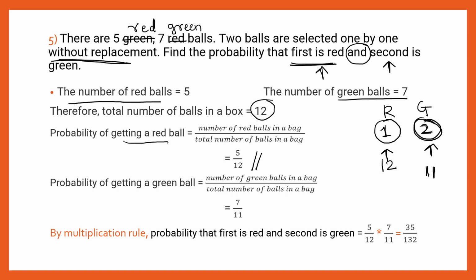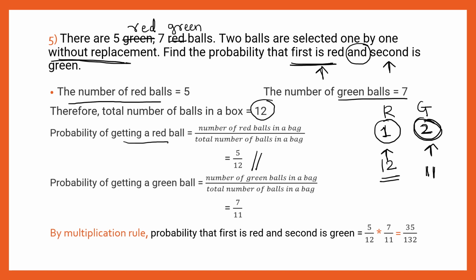Because in the question, we have the words "without replacement", which means the first red ball that we are picking, we are not keeping it again into the box. We are keeping it outside of the box. So in the box, we have only 11 balls. Earlier there were 12. One ball is removed outside, so minus 1 would be 11.